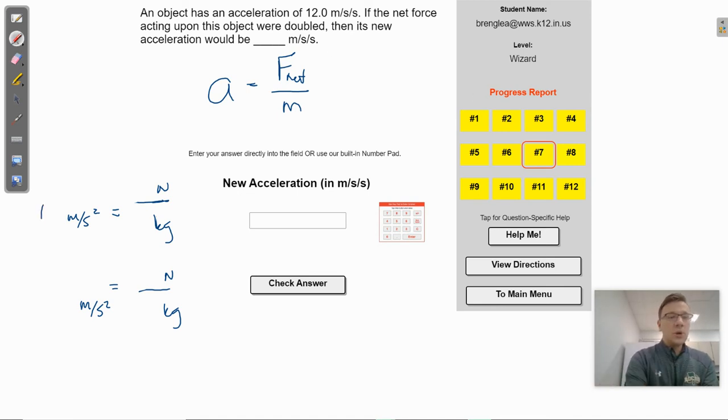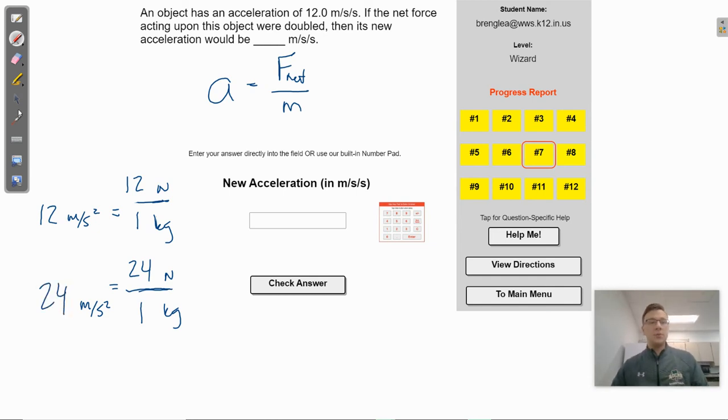So 12 meters per second squared is equal to 12 newtons divided by 1 kilogram. And again, I'm just making that up. You can make any equation that results in the answer being 12. It says the net force is doubled, so now it's going to be 24 newtons, and we keep the mass the same. And that's going to also double our acceleration here.